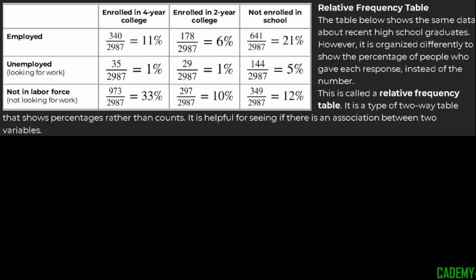So it says this is called a relative frequency table. It is a type of two-way table that shows percentages rather than counts, meaning just numbers. It is helpful for seeing if there's an association between two variables. So kind of like we talked about in the previous video, we talked about correlation, causation. Is there an association as well with it? So let's answer some questions that go along with it.